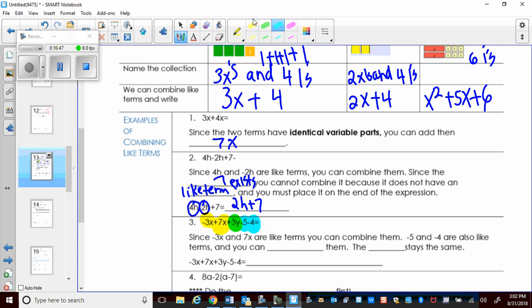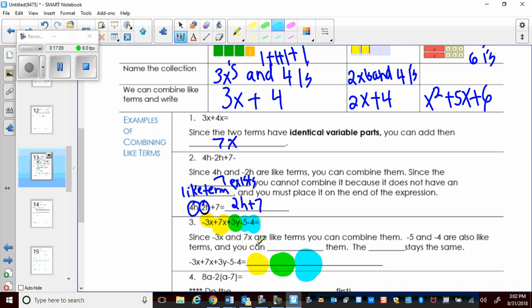So at the end, I should have an x term, then a y term, and then a number term, a term with numbers only. Okay? So I'm going to go ahead and do this.